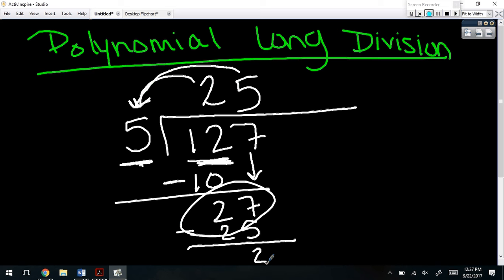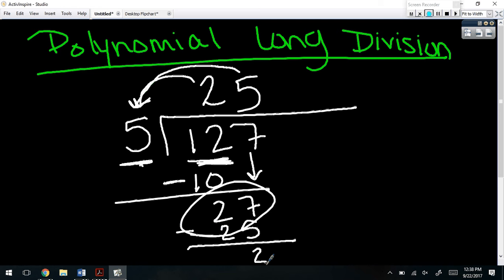The remainder. I'm fixing to apply this to polynomials, so I don't want any decimals. Does anybody remember what else you can do with a remainder besides decimals? It's going to make it a fraction. Absolutely, make it a fraction. Look, listen, guys, you can't have decimals with polynomials.